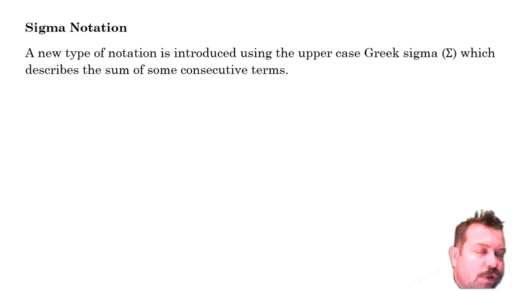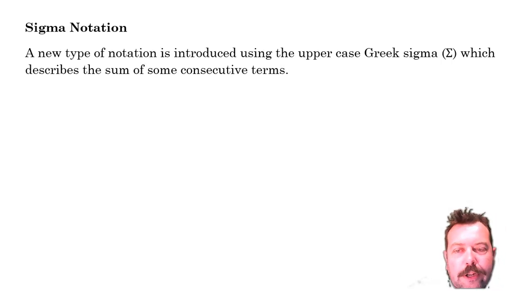Now, if I don't want to start with the first term, if I don't want to add the first, second, third, fourth, and fifth, for example, if I just wanted to add the third, fourth, and fifth, then that sum notation doesn't work quite right for me.